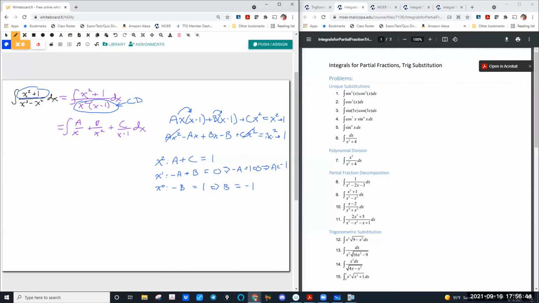For time's sake, I've got to start going a little bit quicker to get through all this stuff. I apologize for that, but there's so much I want you to see today, and that to me is very important. Now that we know A is negative 1, this becomes negative 1 plus C equals 1. Add the 1 over: C equals 2. And then we plug in. Shoot, I want to change back.